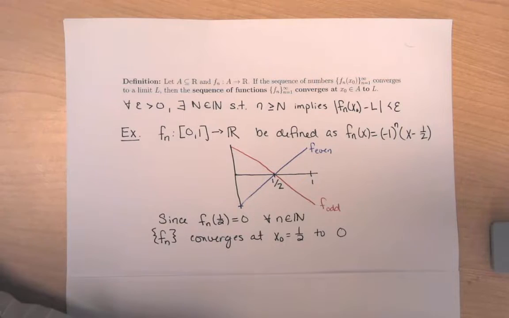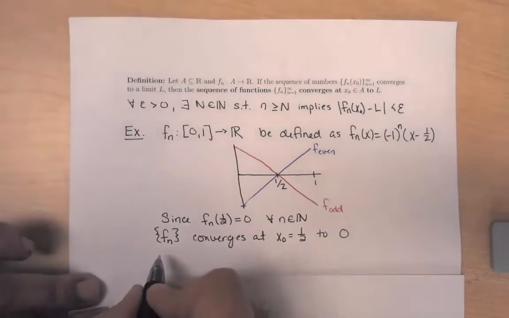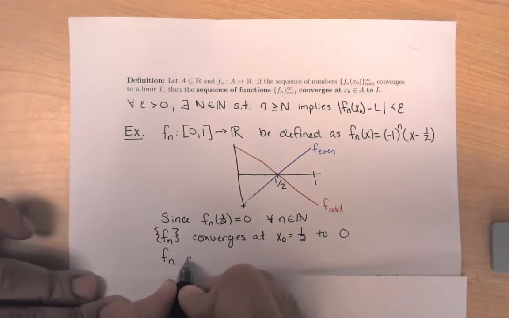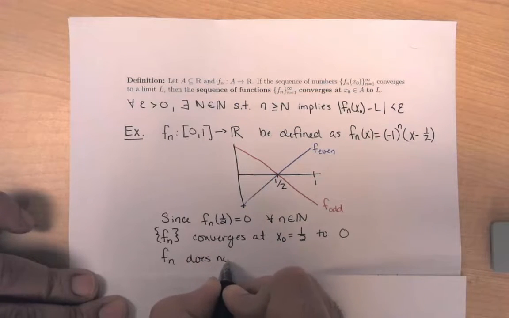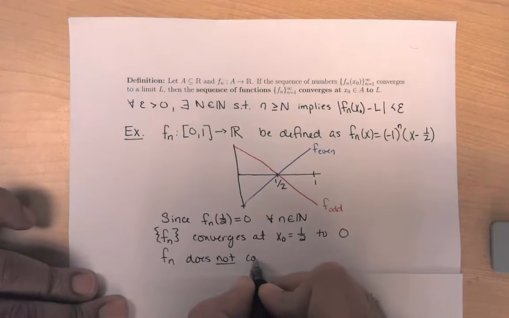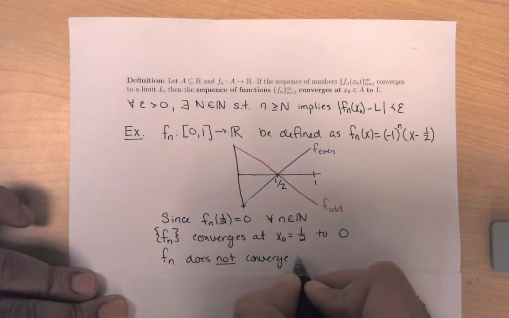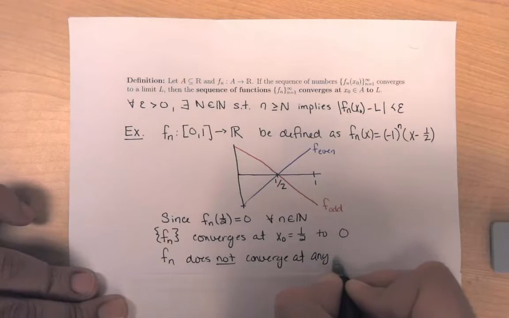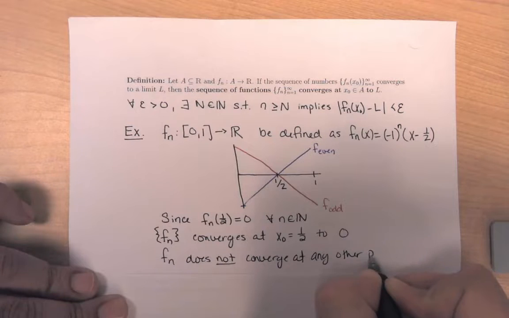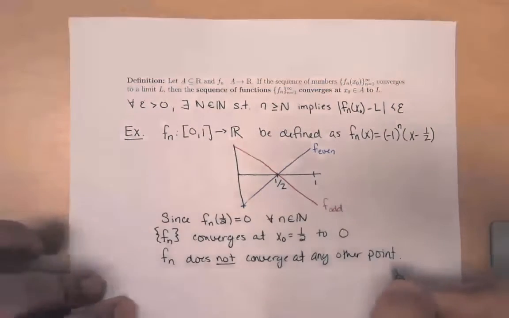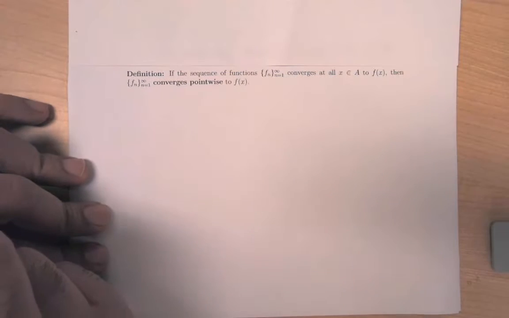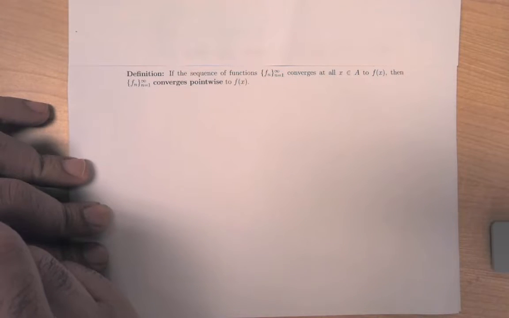However, fn does not converge anywhere else. So we just saw a sequence of functions that converges at a single point to a number, but nowhere else. So we can't say that that function converges in any way to another function.